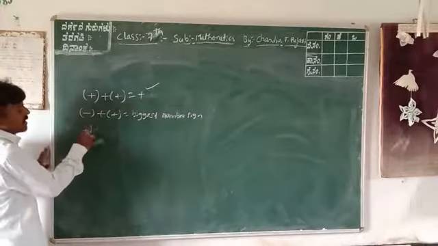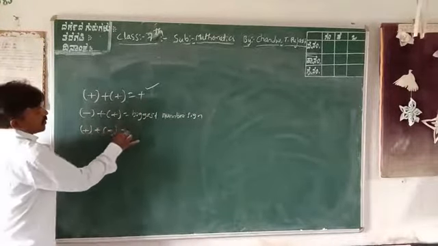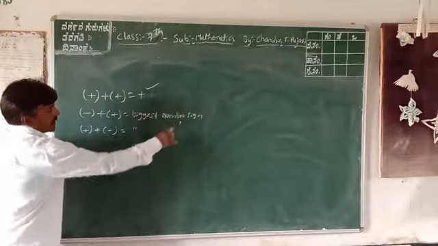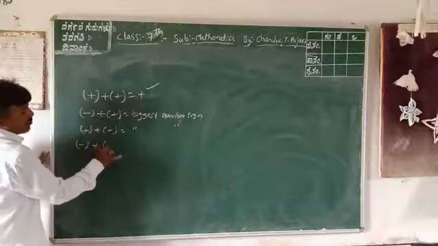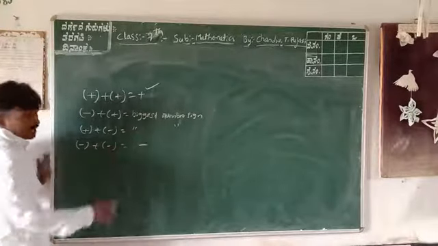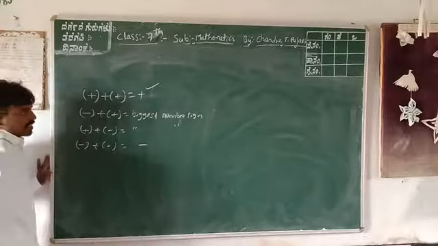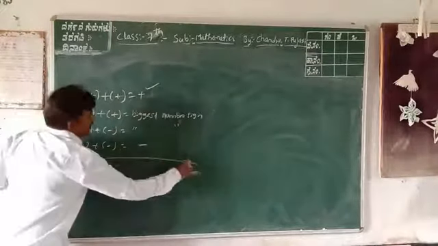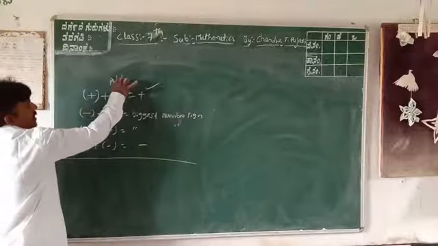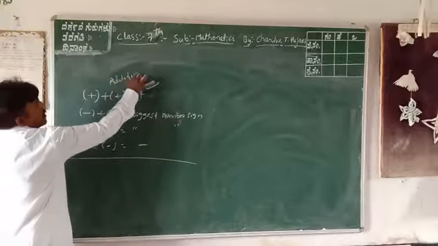Next, plus plus minus is again the biggest number's sign. Next, minus plus minus is equal to minus. These are the addition rules.